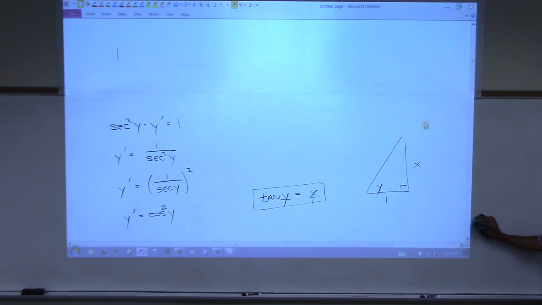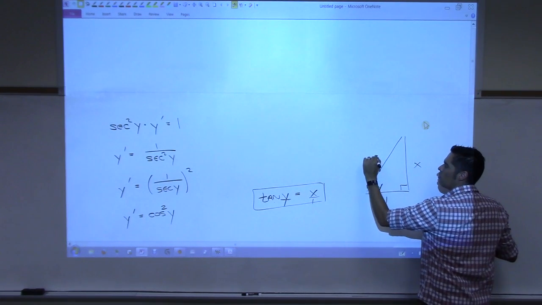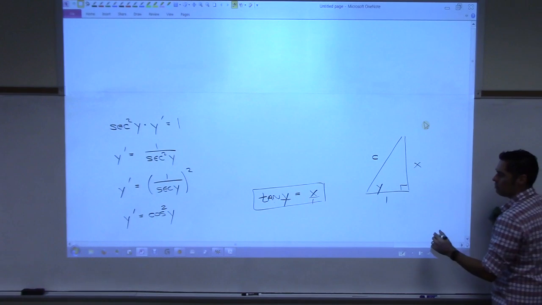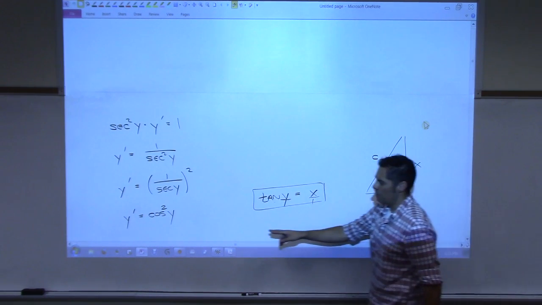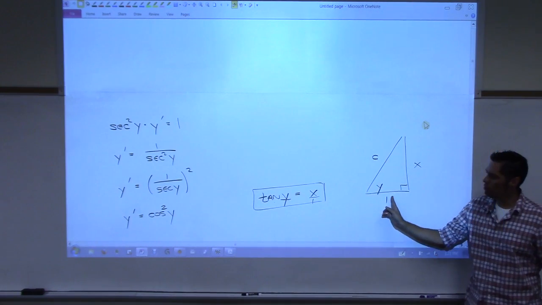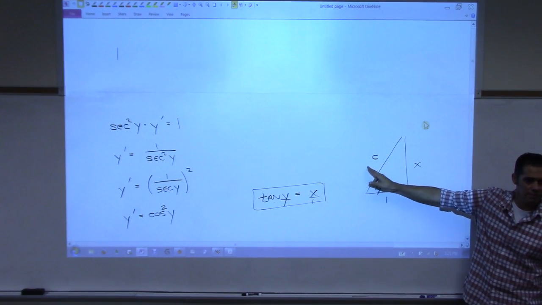Then to get this side, which I could call C, or H for hypotenuse, or anything I want, I would figure, why am I going to find C, by the way? Because I need cosine, right? Cosine of y would be adjacent over hypotenuse, and so I need that, don't I?